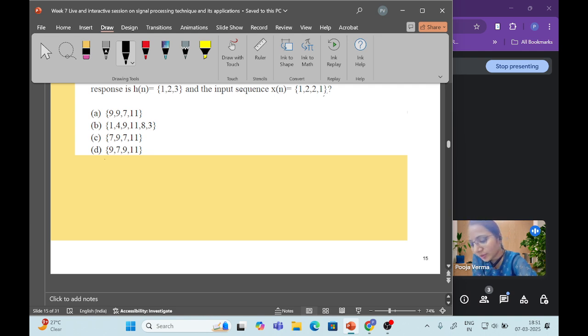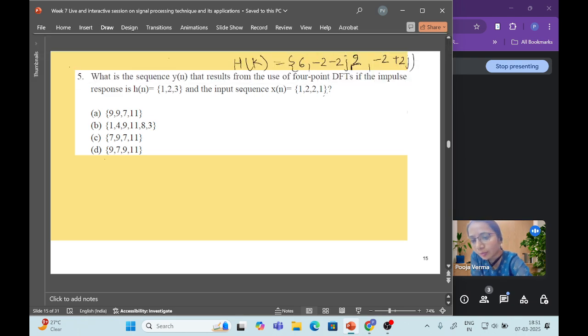Okay, so similarly we have to calculate x of n also. Okay, so this is a large task that will take some time, so please calculate parallelly, otherwise we would not be able to complete.